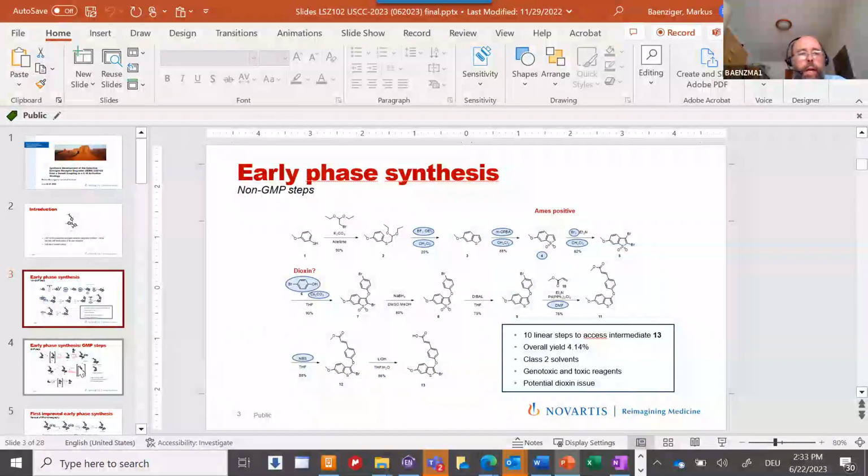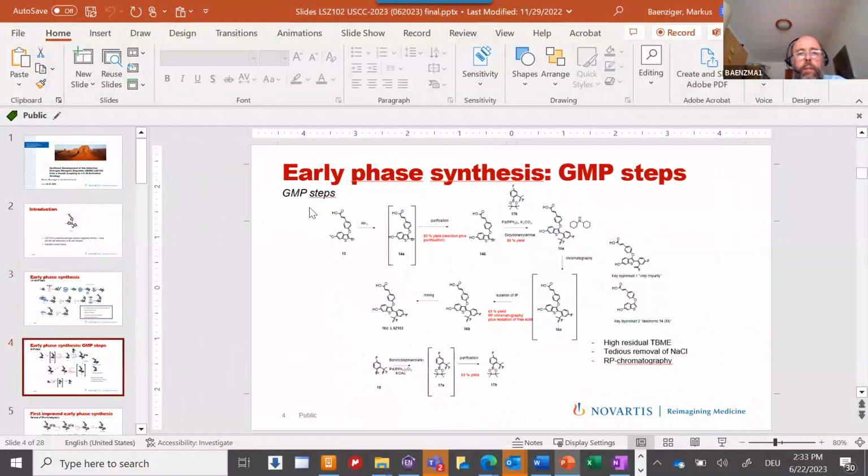This triggered the later stage, the GMP steps, which then started from this intermediate, the methoxy compound. There was the demethylation with BBr3 to the phenol, and then the Suzuki coupling with the boronate.